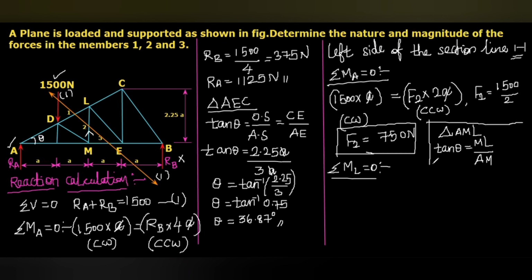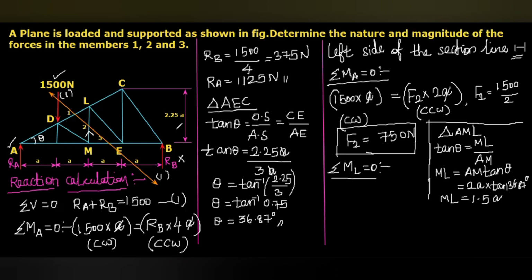Opposite side we don't know. So we can write ML or LM equal to AM tan theta, where AM is 2 times A. Tan theta we already calculated, theta is 36.87 degrees. From this, we will get the value of LM. The value of LM will be 1.5A. So ML or LM we calculated.